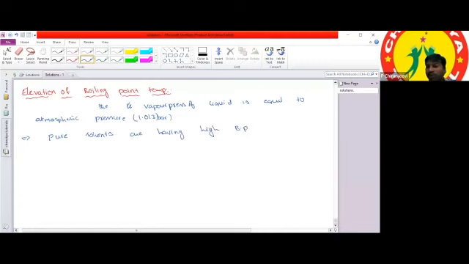So why are the pure solvents having high boiling point temperature? Any one of you? Any one of you, what happened?